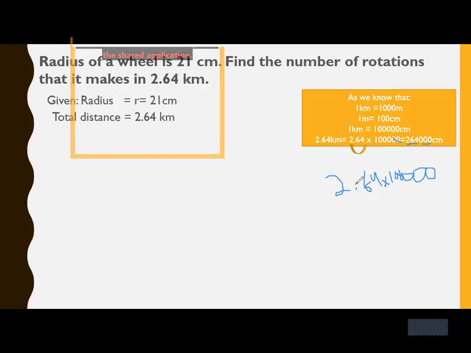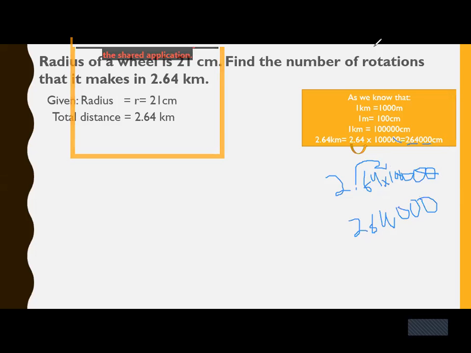When we move the decimal two places, two zeros are cancelled, and three zeros are left, so it becomes 264 with three zeros. We get 264,000 centimeters.